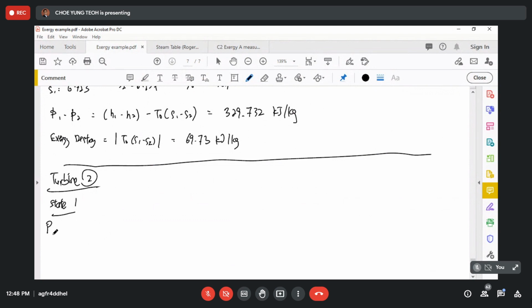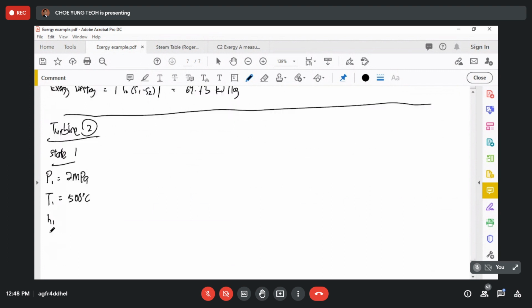So state one: 2 megapascal, 500 degrees Celsius, and same thing, you need to find H1 and S1. And then state two, P2, pressure will go down to 30 kilopascal.